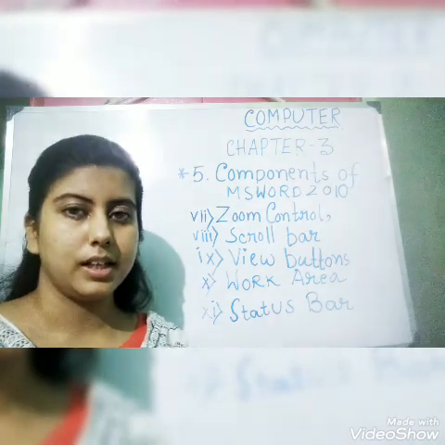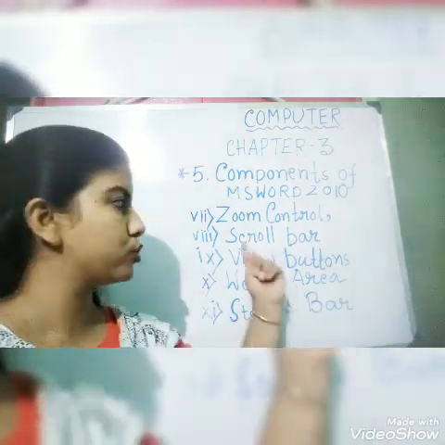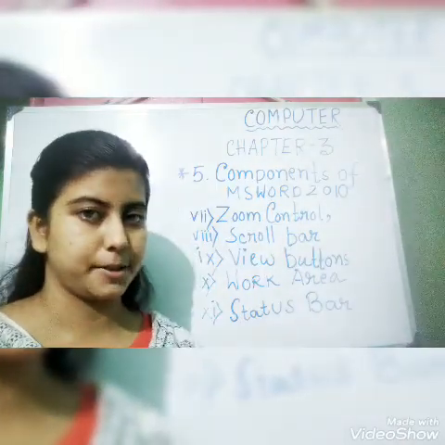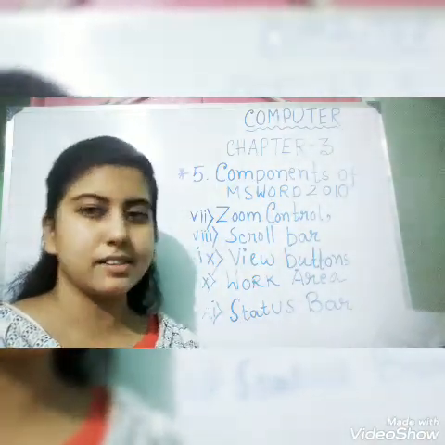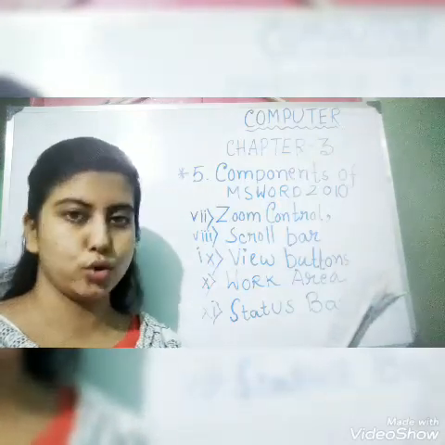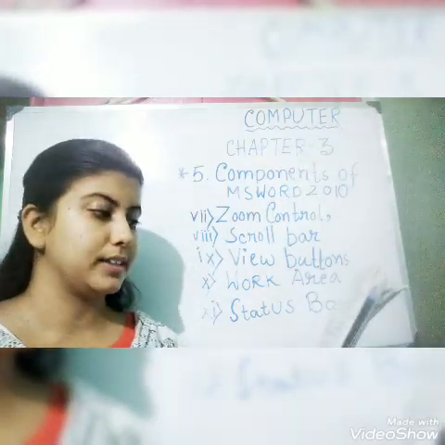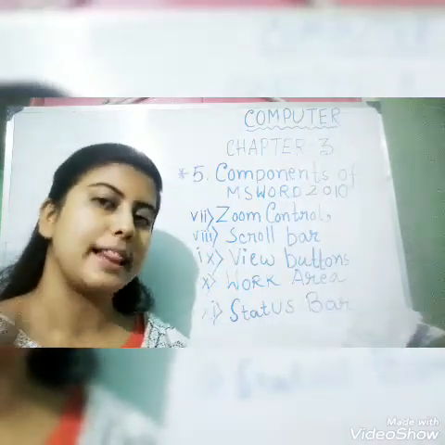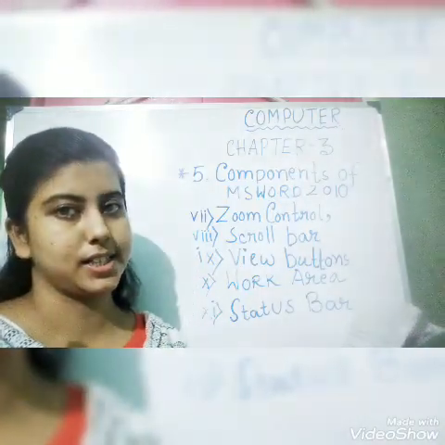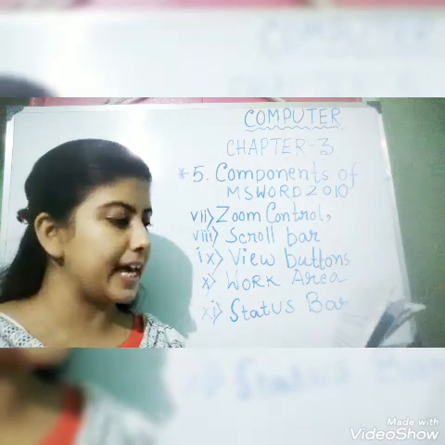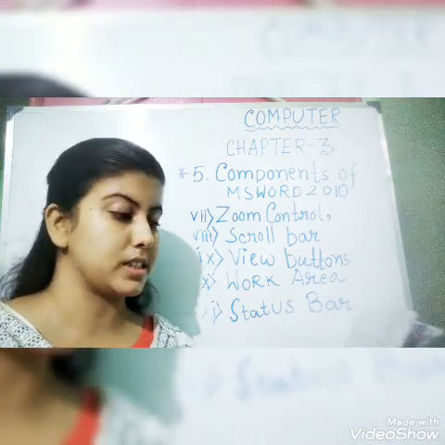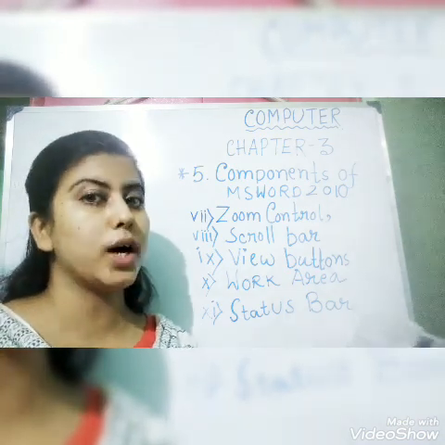Now, number 8, scroll bar. What is it? This option is used to move the screen up and down, or left or right. There are two scroll bars present on the Word screen.